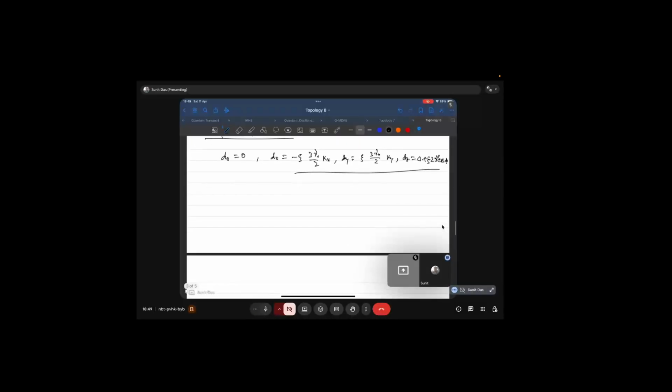So the d vector is nothing but minus xi, let's call it 3 gamma 0 by 2 to be h bar vf. So this will be h bar vf.